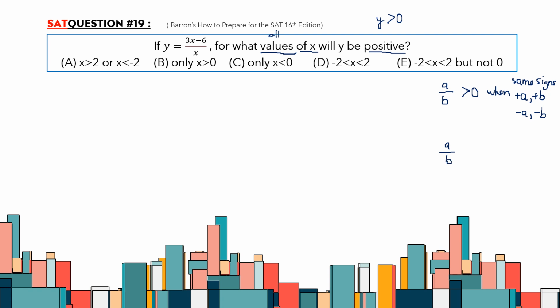A over b is less than 0 when they have opposite or different signs: positive a and negative b, or negative a and positive b. In this case, they set this equal to y.